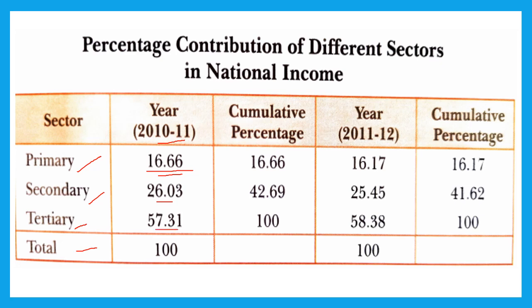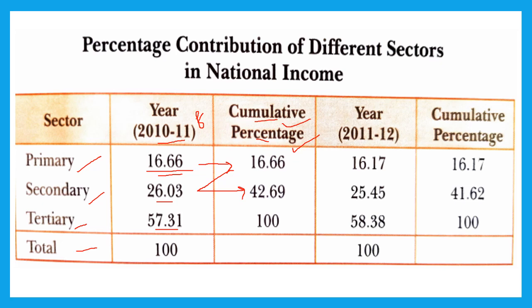Now, this is the cumulative percentage. In 10th class, you might have learned about cumulative frequency. Suppose this is the frequency; in the same way, you have to calculate the cumulative percentage. This would be constant, and 16.66 plus 26.03 will give you 42.69.